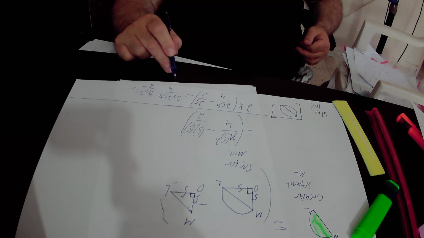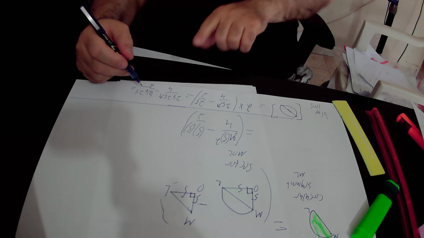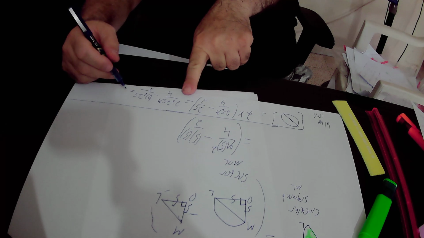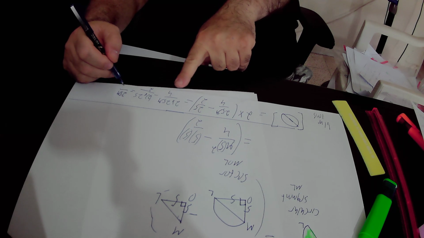Here we divide both the numerator and the denominator by 2. So 2 over 2 is 1, so in the numerator we're left only with 25 pi over 4 over 2, which is 2.